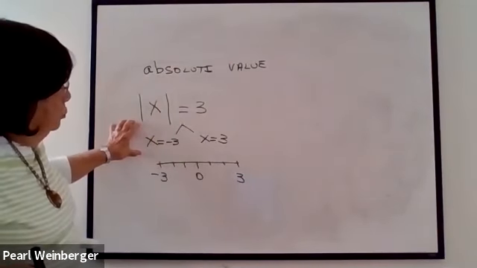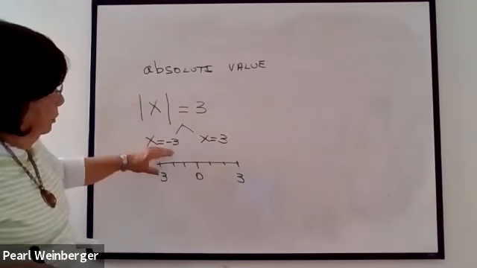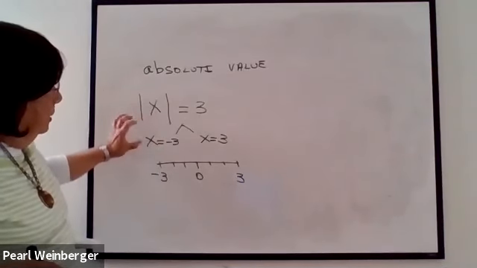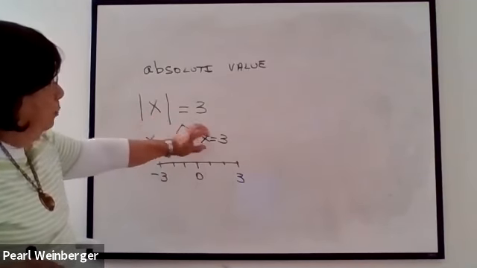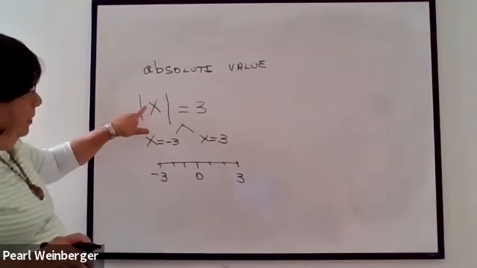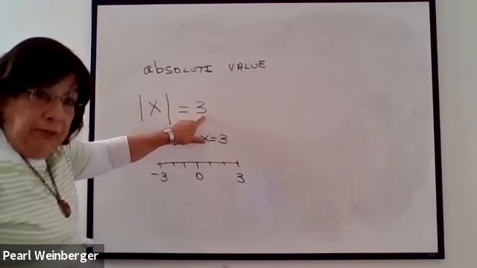Okay. So when we have an absolute value equation, it turns out that we're going to end up with 2 answers. One answer being the positive number and one answer being the negative number. Notice when I check it, if I put a -3 inside my absolute value, it'll come out to be 3.